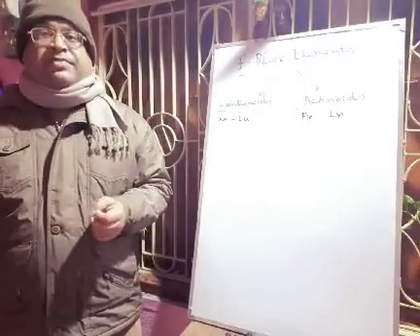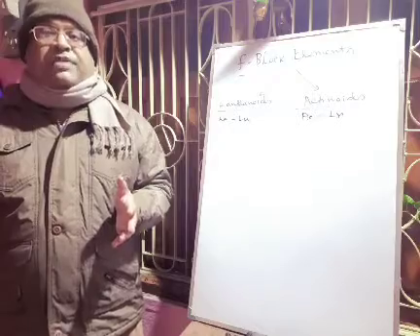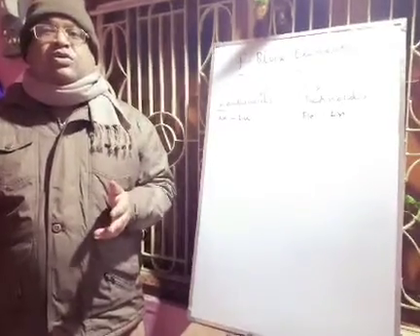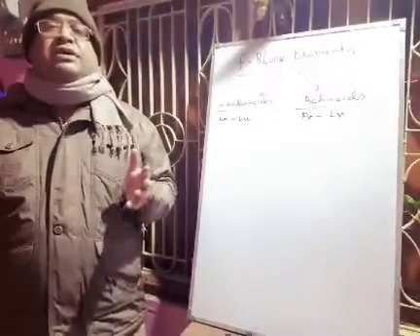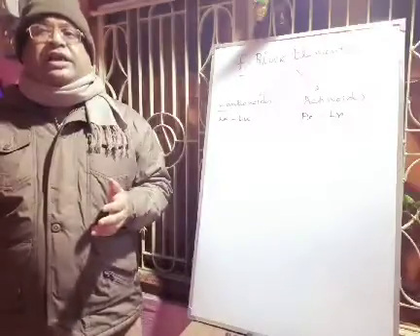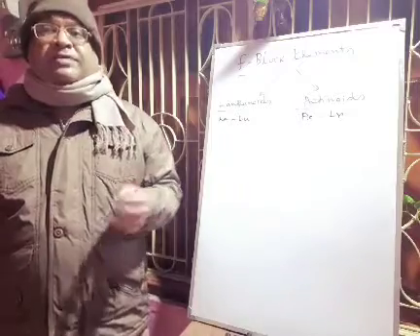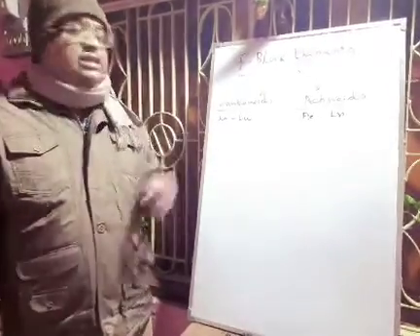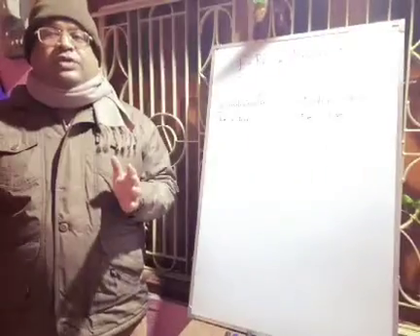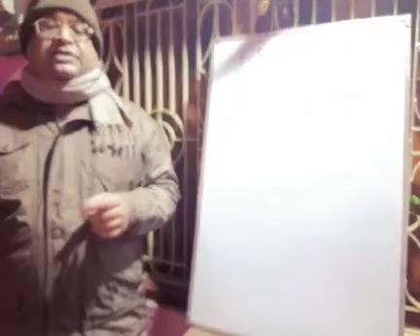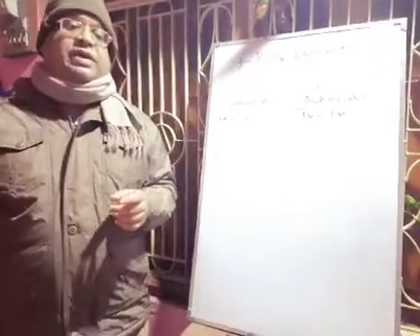Terbium, Tb. Dysprosium, Dy. Holmium, Ho. Then erbium, Er. Then thulium, Tm. Then ytterbium, Yb. And the last element of this lanthanide series is lutetium, and its symbol is Lu.